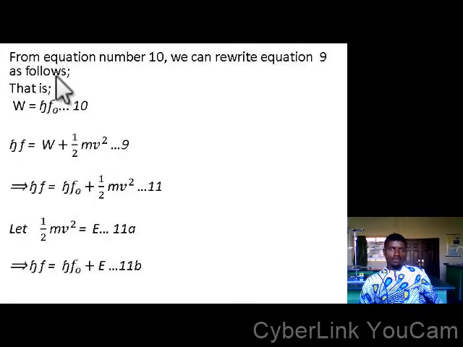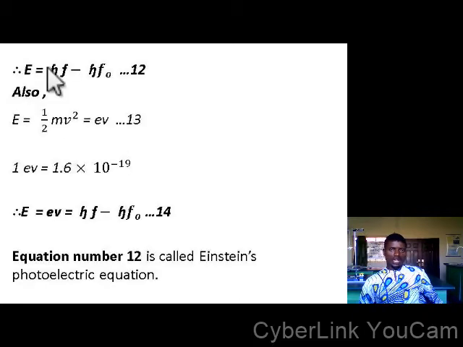So from equation 10 above, we can rewrite equation 9 as follows. That is, W is equal to hF naught, equation 10. Therefore, E is equal to hf minus hF naught.